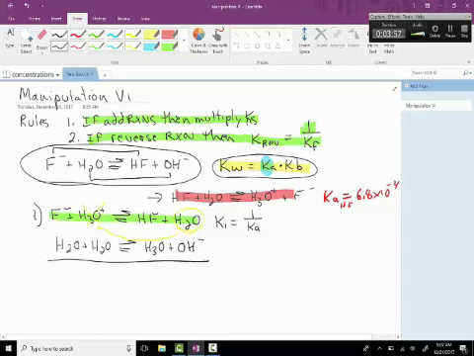I'm going to add these two reactions. This is rule 1. I'm adding reactions, so I'm going to multiply K's. The K for this second reaction, K2, is equal to KW. And I can treat this as an equal sign. So if I total them all up, I get this total reaction.